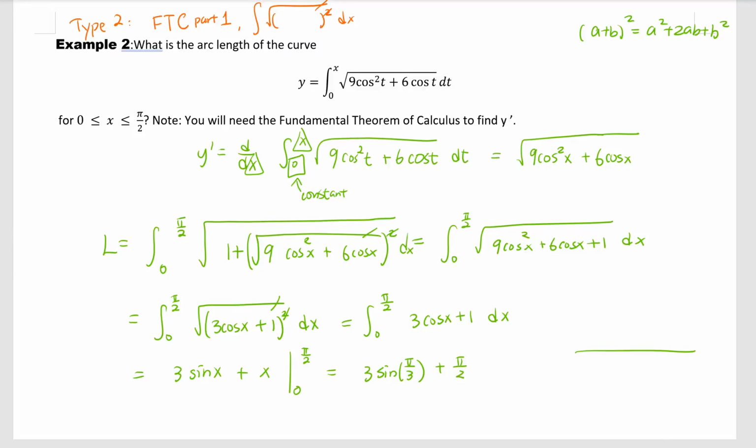Well, remember, when it's pi over 2, sine is 1. And when we subtract 0, sine of 0 is just 0. So we have 3 plus pi over 2. So this is our answer. So far, so good, everybody. All right, let's continue.